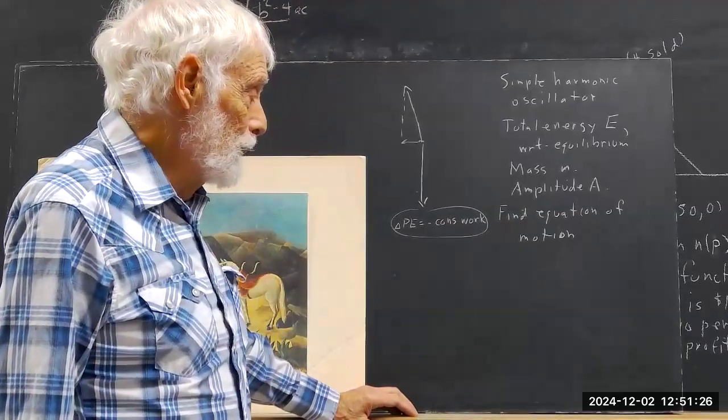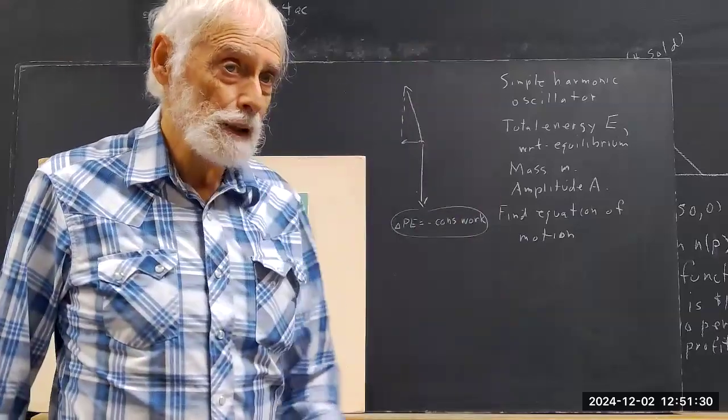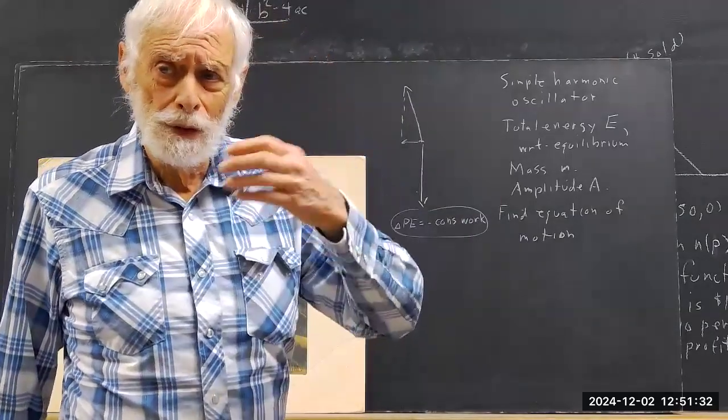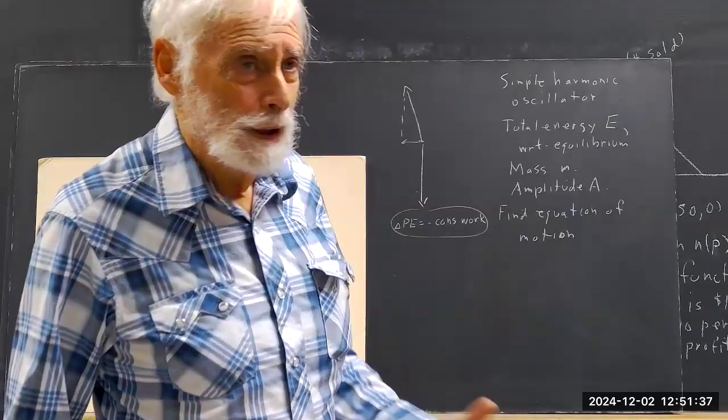It's something I really advocate. Again, here we are. We still aren't making a whole lot of progress because we aren't sure what some of the relationships are. Now, somebody said something about -1/2 kx.